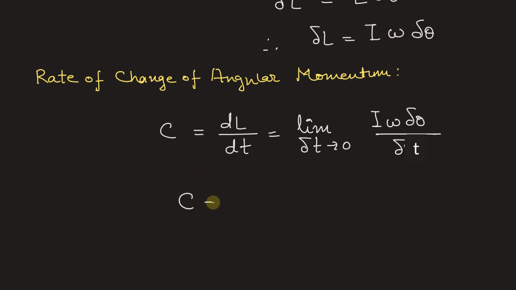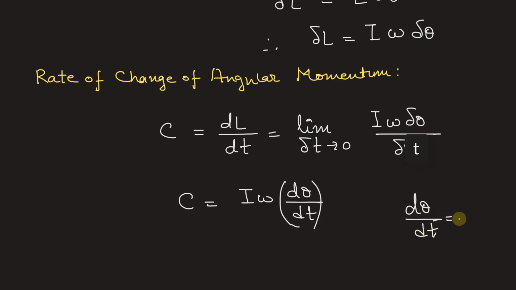Therefore, the gyroscopic couple will be equal to I omega d theta upon dt, because delta t is tending to 0, and this d theta by dt is nothing but the angular velocity of precession. So let's write omega p.